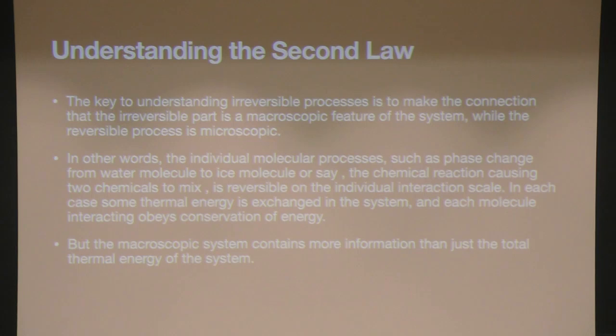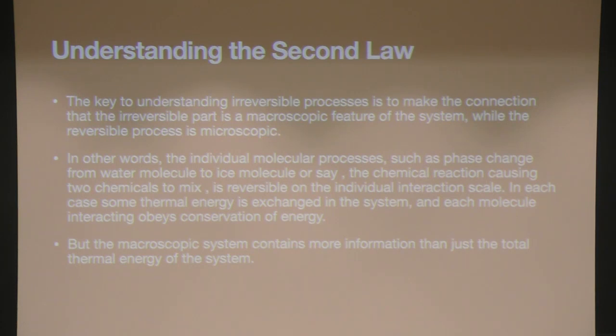So the key to understanding irreversible processes is to make the connection that the irreversible part is a macroscopic feature of the system, while the reversible process is microscopic. So in the case of the ice cube, the macroscopic state of the ice cube is all of the ice cube water molecules stacked up into the particular crystal structure that makes them into that ice cube shape.